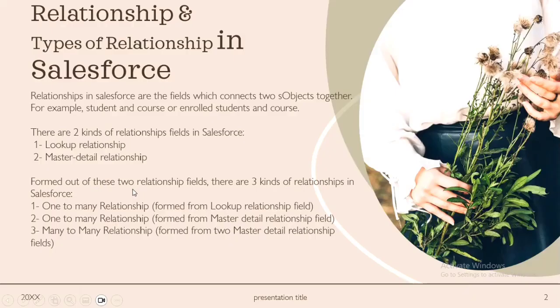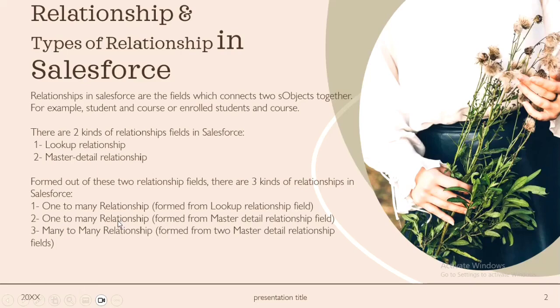But if you talk about the relationships in Salesforce, there are three kinds of relationships that are formed in Salesforce. That means you can use lookup relationship and master detail relationship to form these three kinds of relationships. One is one-to-many relationship using lookup relationship field.